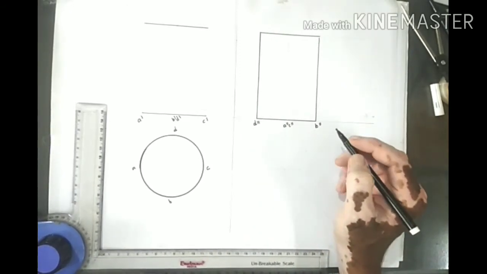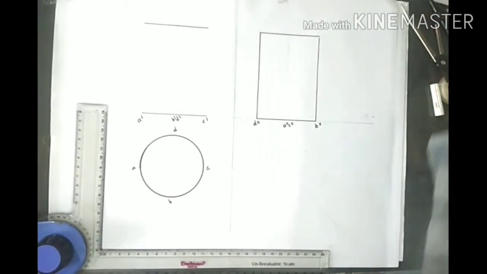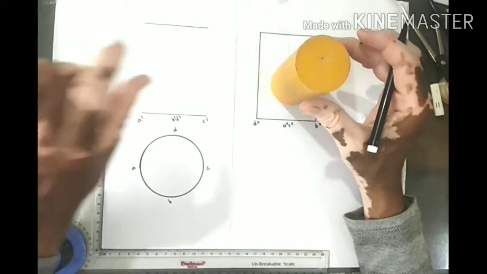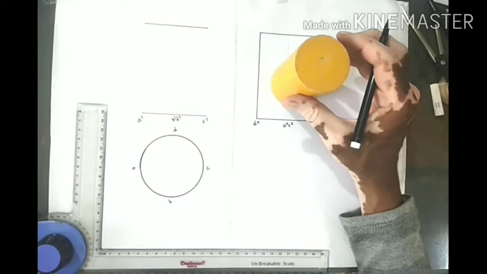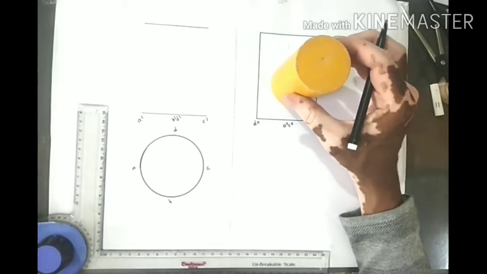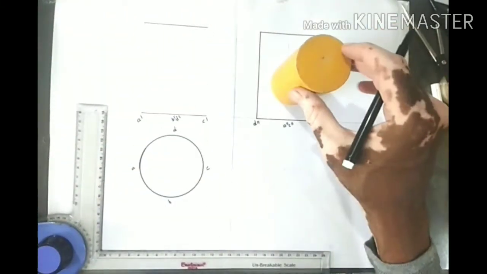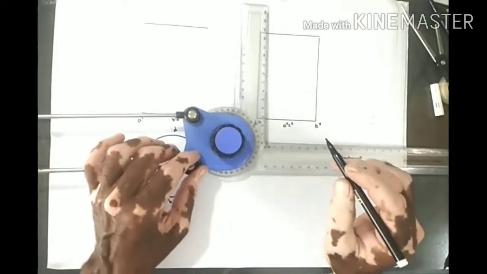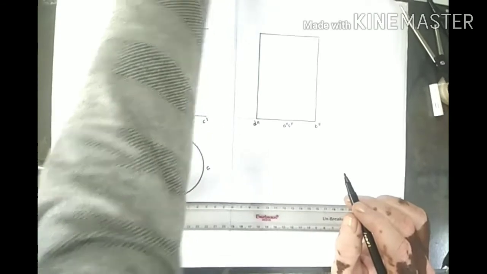This is problem number 42 from the TechMax book. So the vertical cylinder is penetrated by a horizontal square prism, base 50 mm side and axis 110 mm, and faces of the square prism are equally inclined to HP, and the axis of the prism is bisecting the axis of the vertical cylinder.